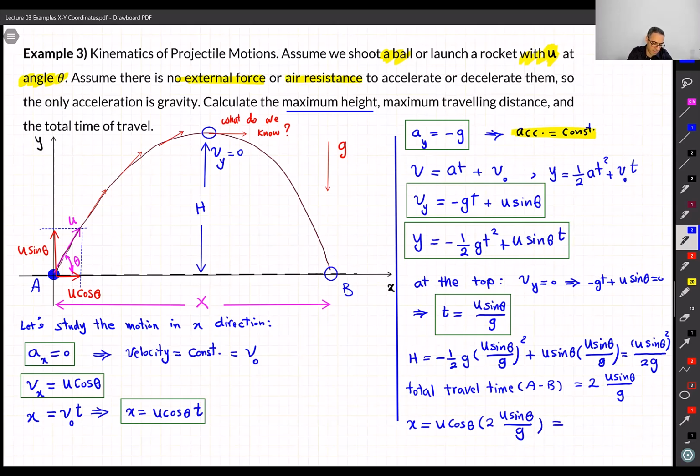We can simplify this formula to u squared divided by g times 2 sine theta cosine theta, and that is going to be sine 2 theta. You remember it from trigonometry. So you have 2 sine theta cosine theta, which simplifies to sine 2 theta.